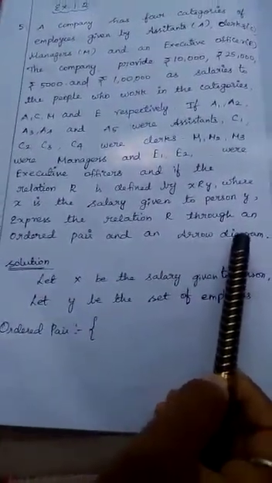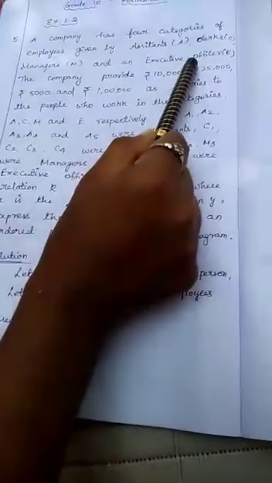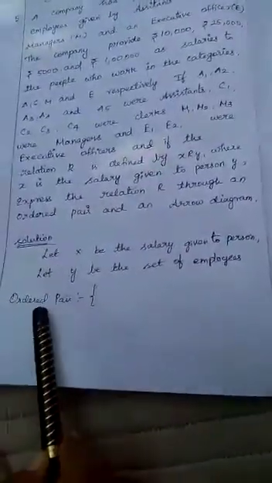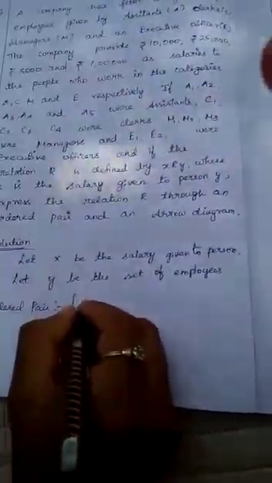So the company details have been given, that is, the salaries for assistants, clerks, managers and executive officers. We have to show this in ordered pairs. So how can we write it? First one is assistants.